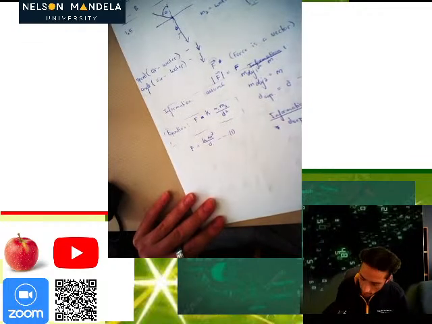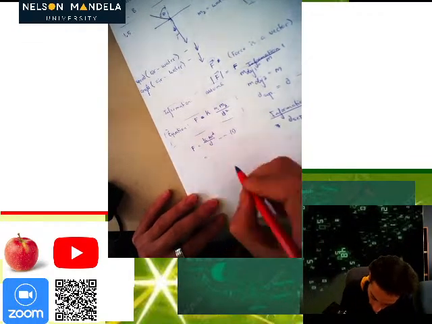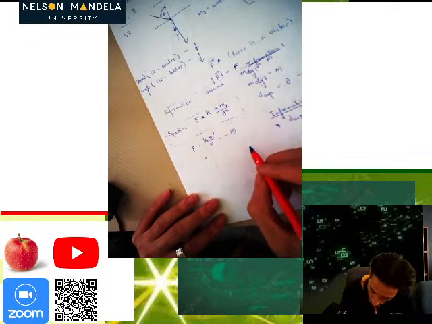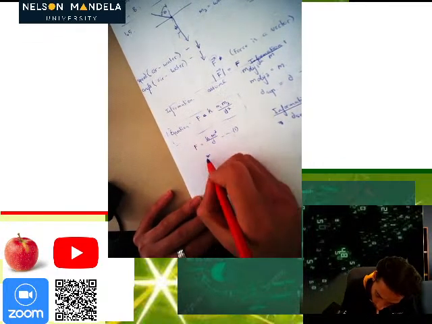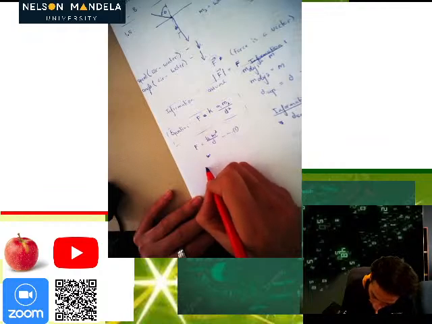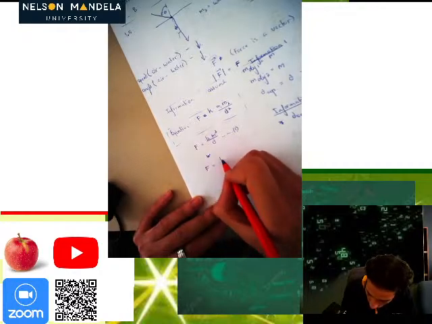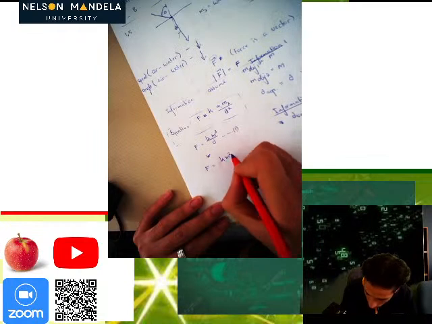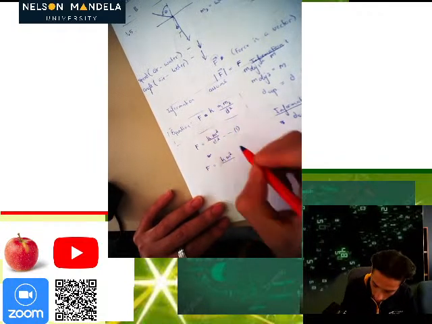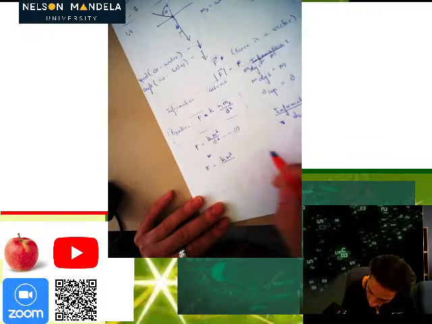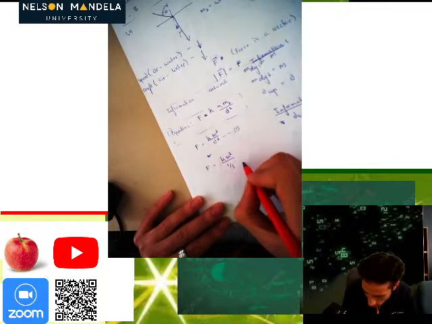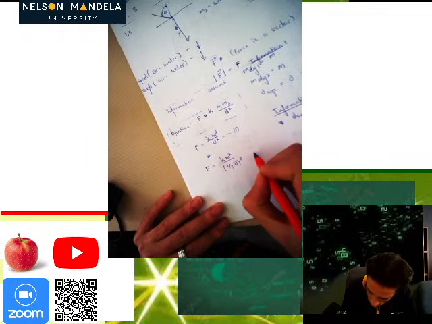So applying Coulomb's law, our second equation, the force now becomes k m squared divided by (1/3 d) to the power of 2.